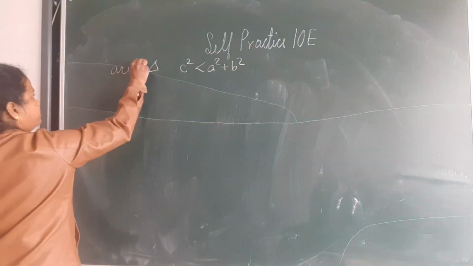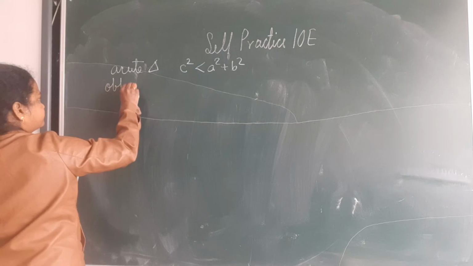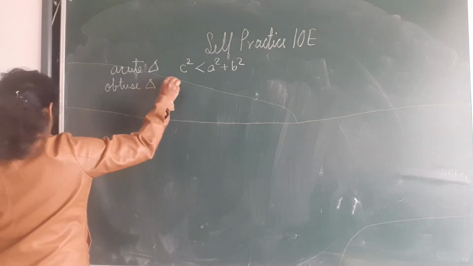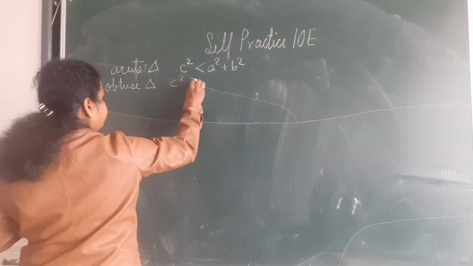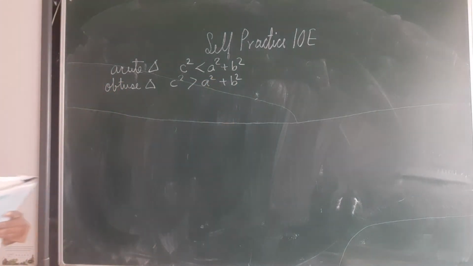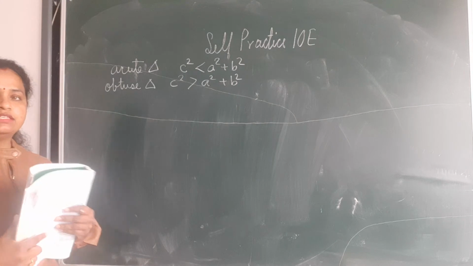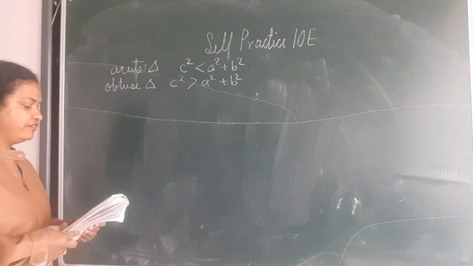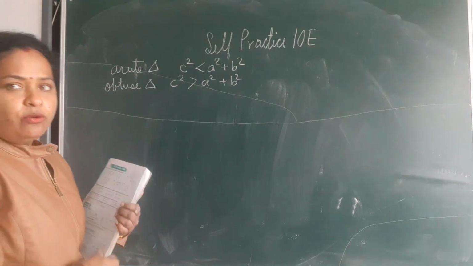And for an obtuse triangle, c square should be greater than a square plus b square. If c square is less than a square plus b square, it will be acute, and if it is greater, then it will be obtuse.